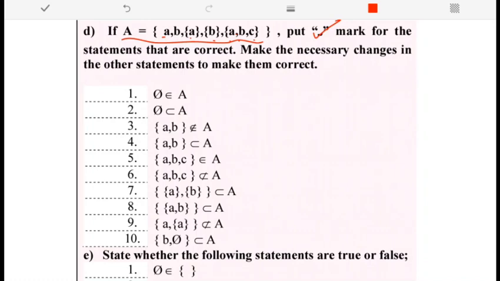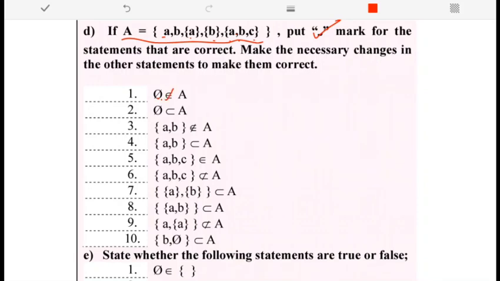Now here, let's check number one: is the empty set an element of your A? Meaning, do we have the empty set in your given set as one of its elements? None. There's no empty set. Therefore, the answer must be does not belong.